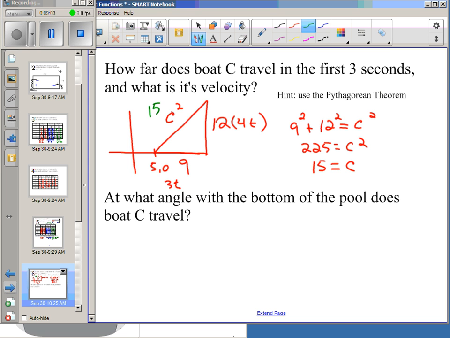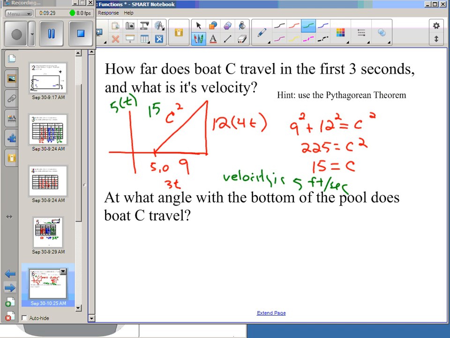This is a 3, 4, 5 triangle multiplied by 3. So what is its velocity? Well, it went 15 feet in 3 seconds, so its velocity is 5 feet per second. And so if you see this as a 3t, 4t, this would be a 5t. There again are our Pythagorean triples.